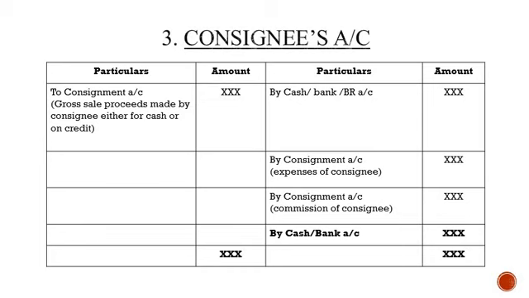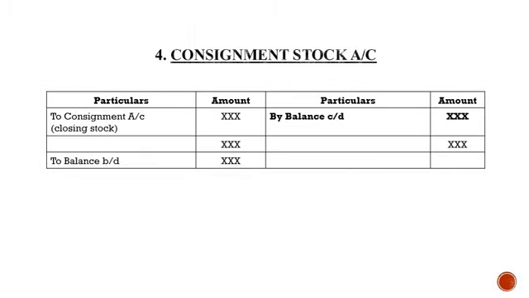Next, the fourth one, that is consignment stock account. Now this account tells you what is the amount of goods held in the hands of consignee at the end of the year. What is the balance of consignment stock that is remaining with the consignee. Now the consignor sends the goods to the consignee to sell.